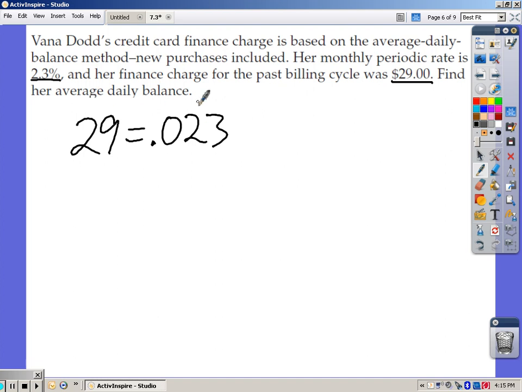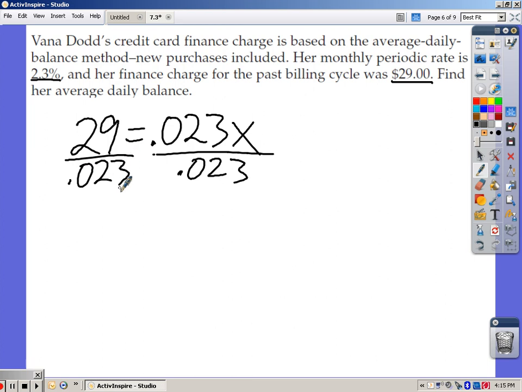We're going to let the average daily balance be represented by x. So 29 equals 0.023x. Divide both sides by 0.023. 29 divided by 0.023 gives us an average daily balance of $1,260.87.